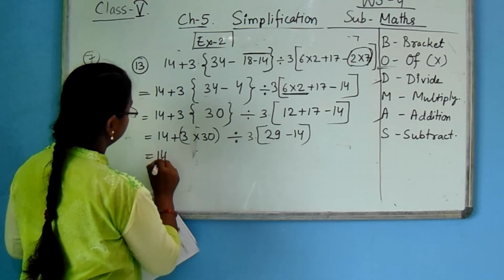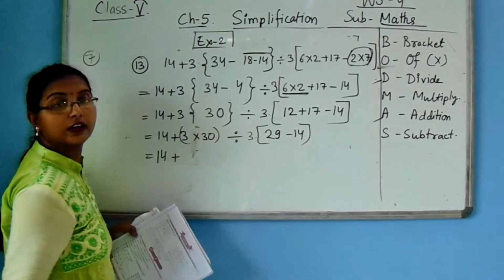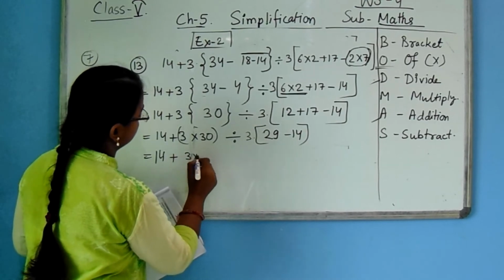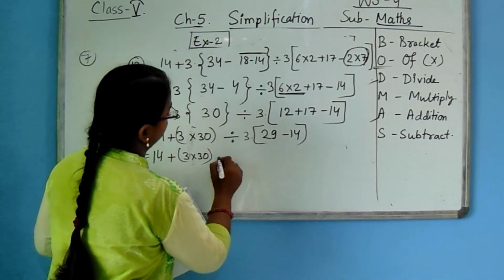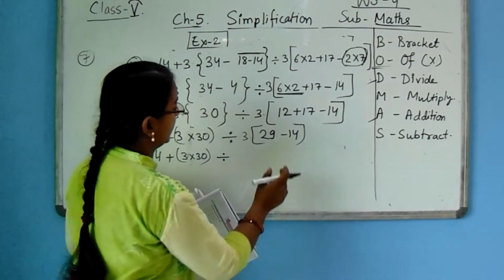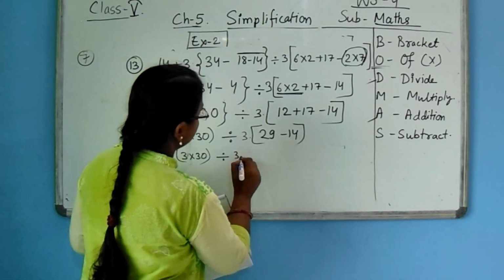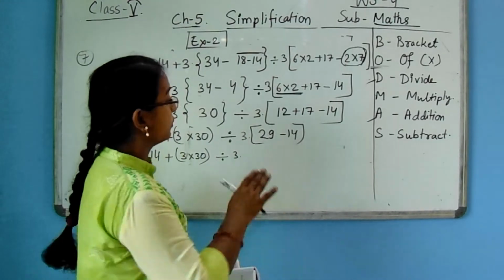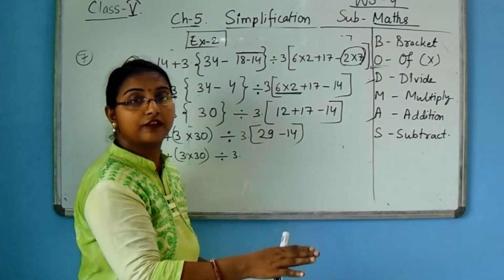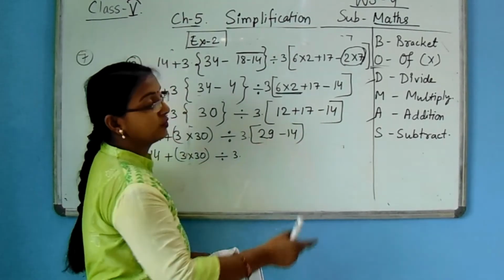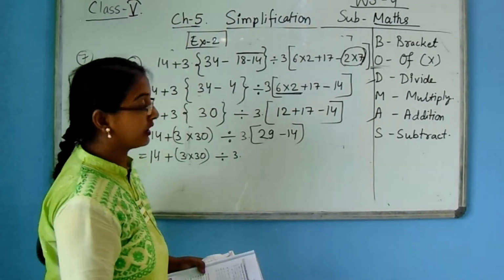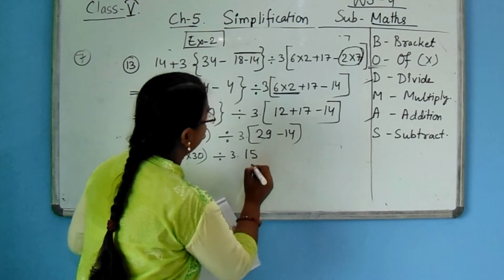That means multiplied, can be written as 3 into 30. We will discuss later about this topic. Now in this term, 29 minus 14 is given. So I will do subtraction here. 29 minus 14 equals 15.